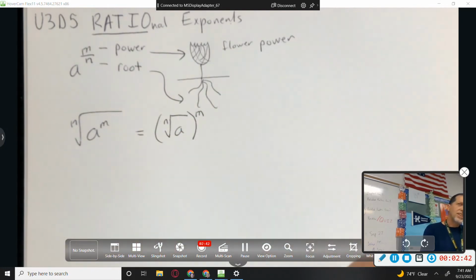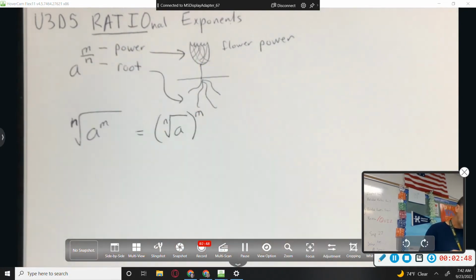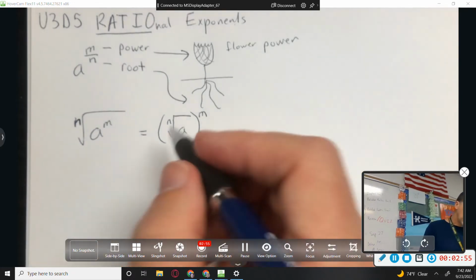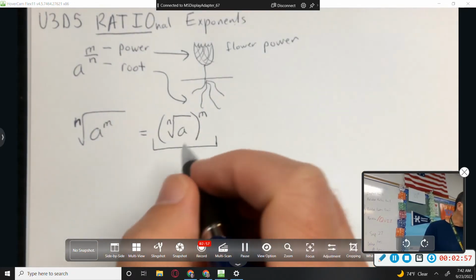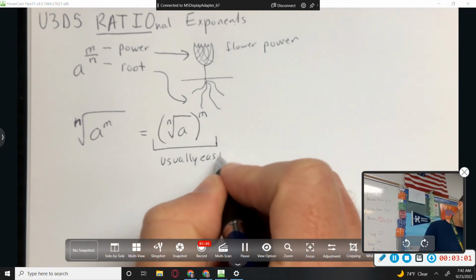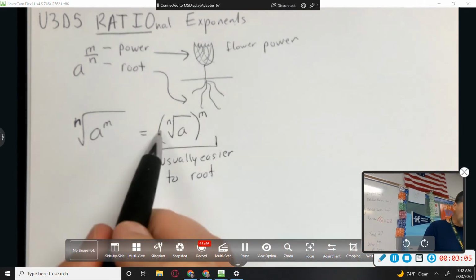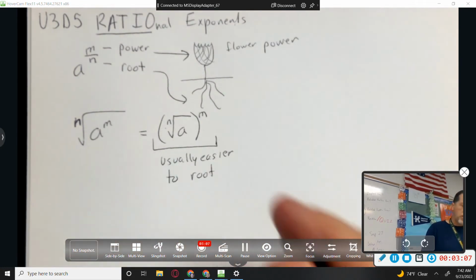Yes, sir? Are those both n on the left? Oh, that should be an n, sorry. So you can evaluate either way, but usually this one's easier. That would be root first and then do the power.